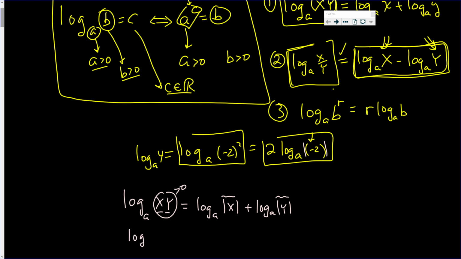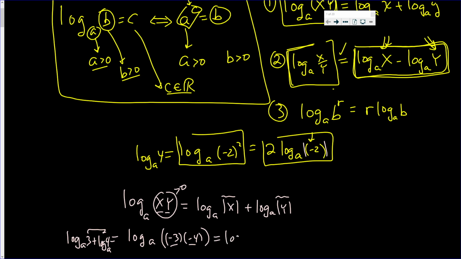Remember, the log base a of -3 times -4, well, that is the same as log base a of 3 plus log base a of 4, because 3 times 4 is 12.